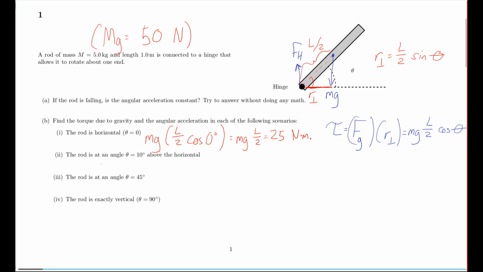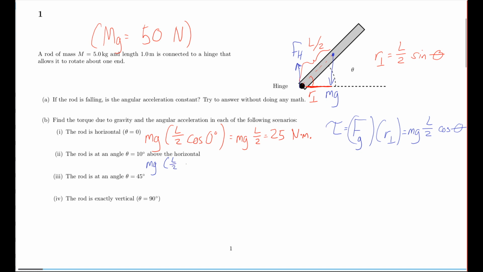So this one is going to be mg times L over 2 cosine 10 degrees, which, putting in the numbers, is 24.6 Newton meters.